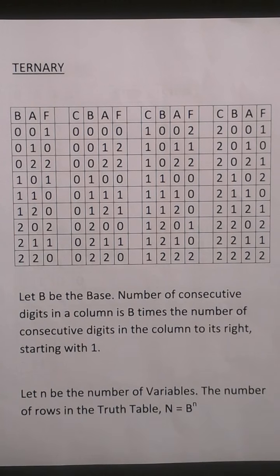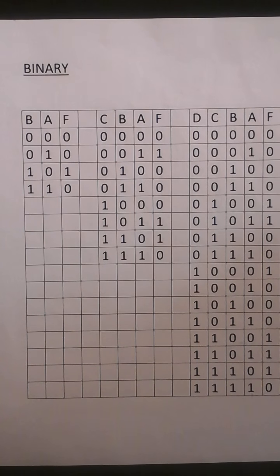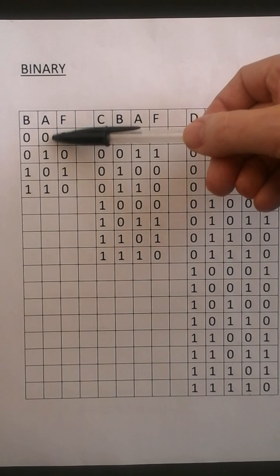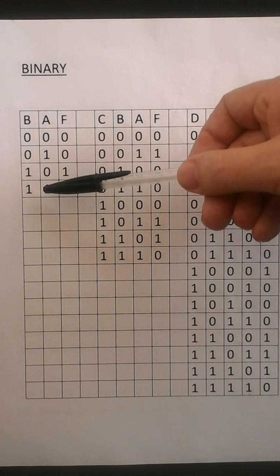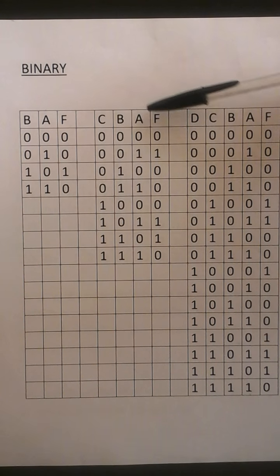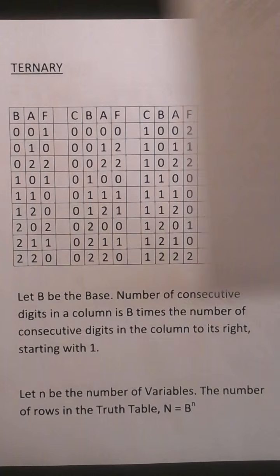And if we go back to the binary one, we have binary 0 and 1, base is 2, 2 inputs, 2 squared is 4, 2 cubed is 8 for 3 inputs, and 2 to the power 4 is 16 for 4 inputs. A 5-variable input would have 32 rows of the combination of the truth table.